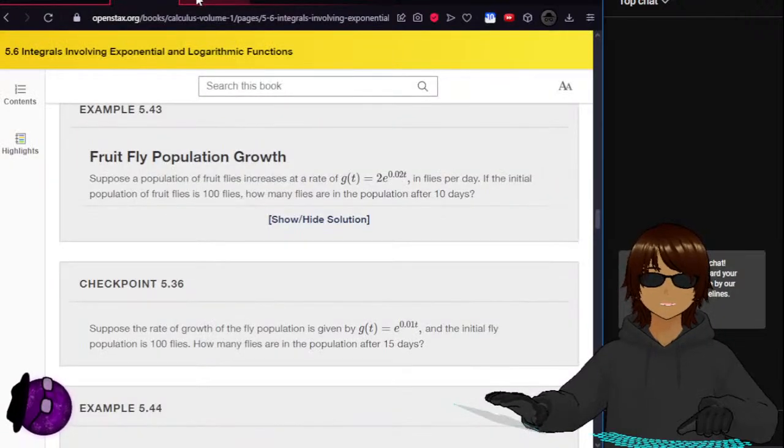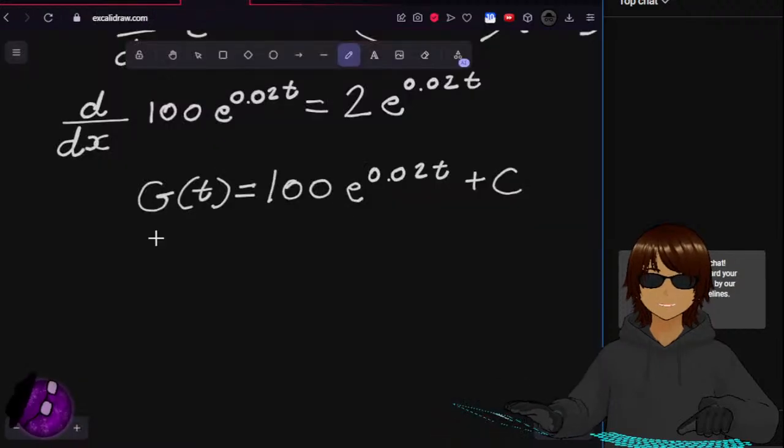Now, the initial population of fruit flies is 100 flies.